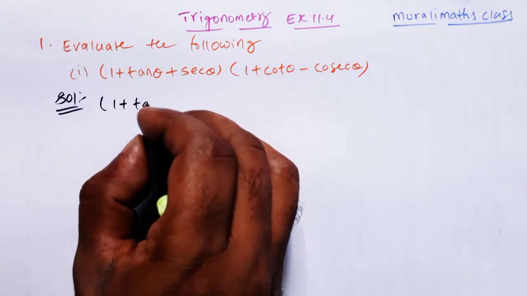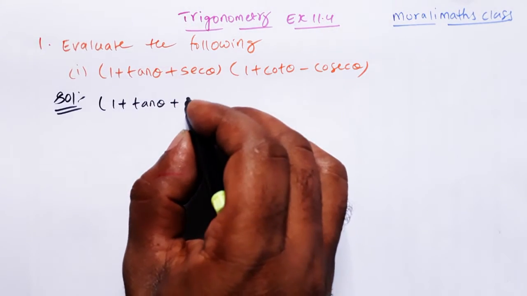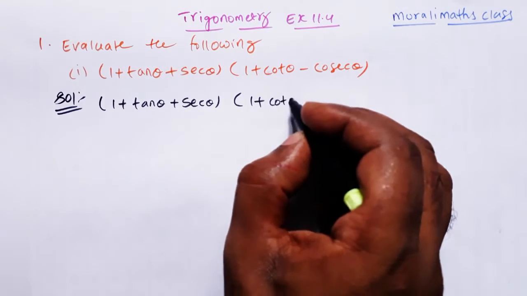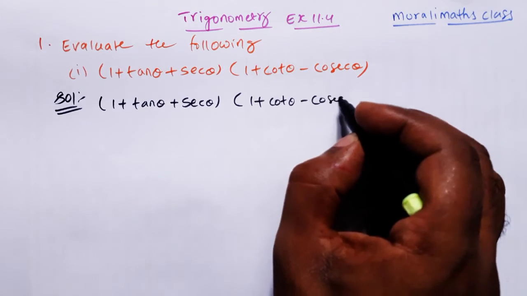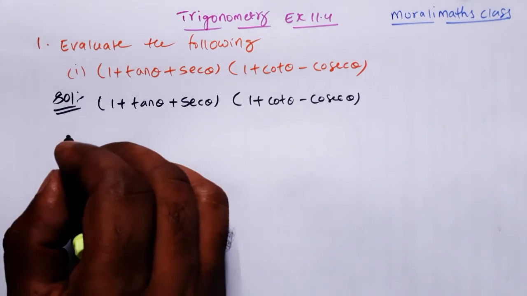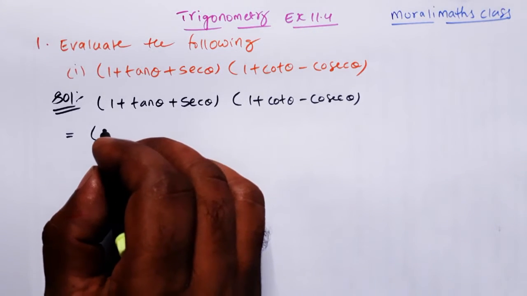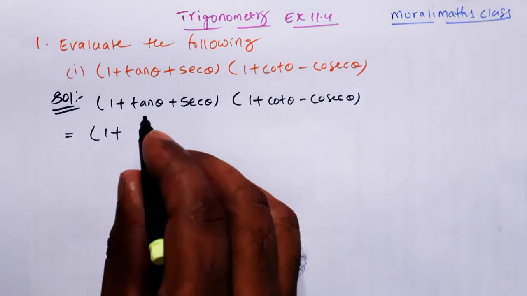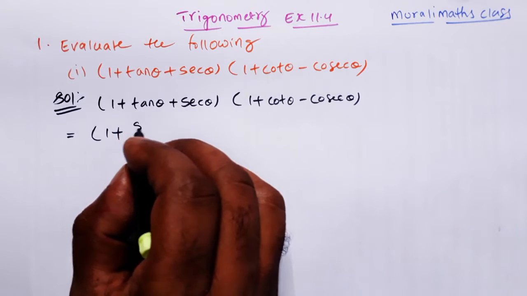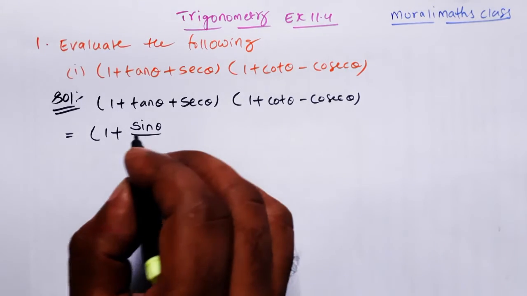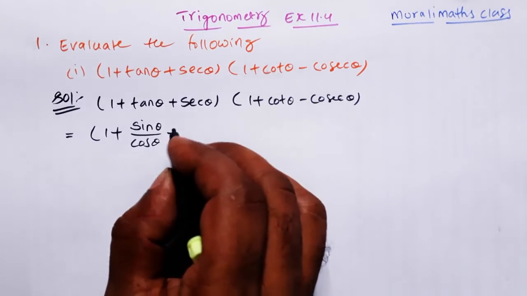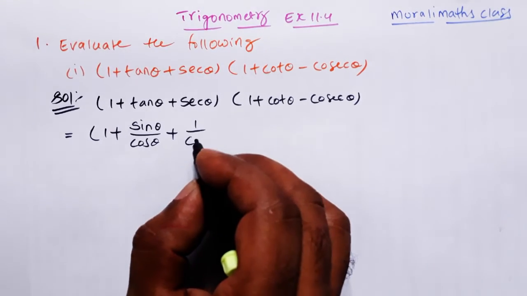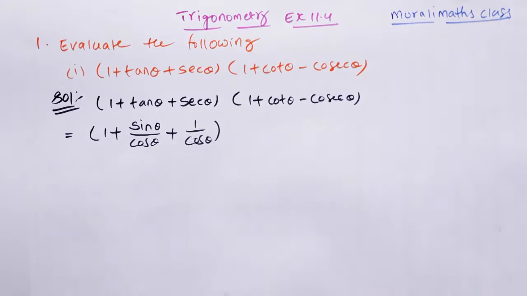1 plus tan theta plus secant theta into 1 plus cot theta minus cosecant theta, that is the given. Okay. Now observe this 1 plus tan theta. How to write tan theta? Tan theta we can write like this: sin theta by cos theta, plus secant theta, 1 by cos theta we can write.